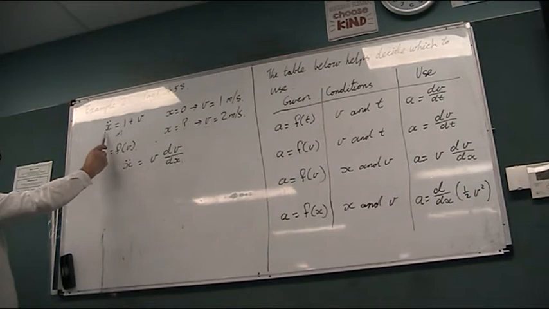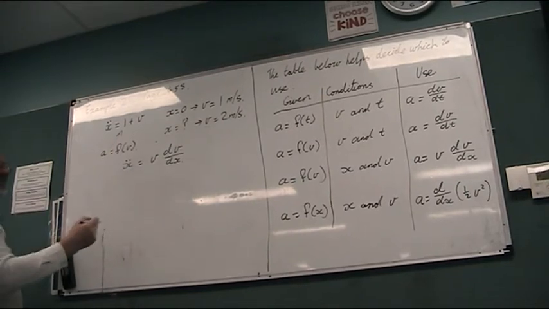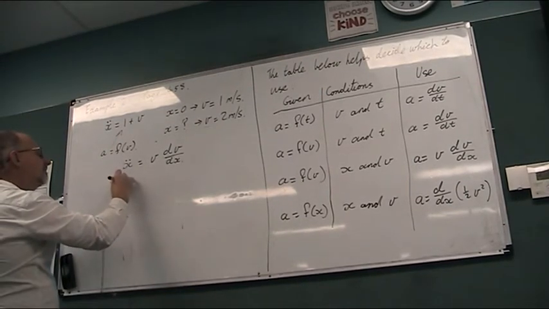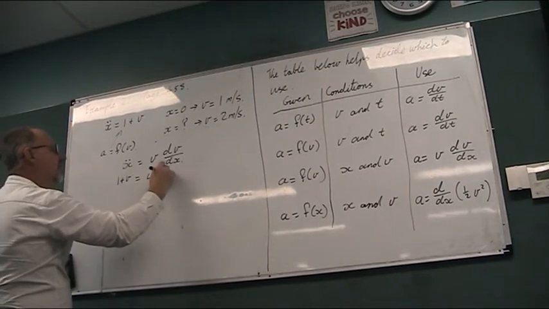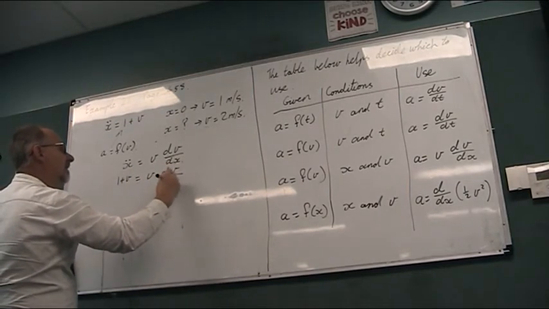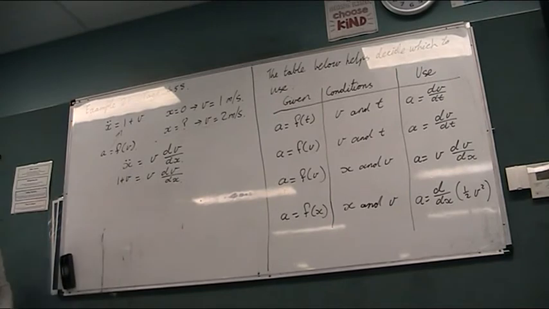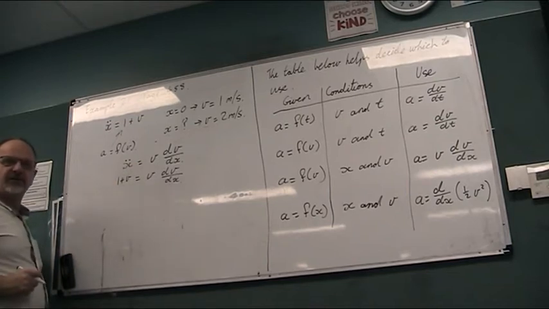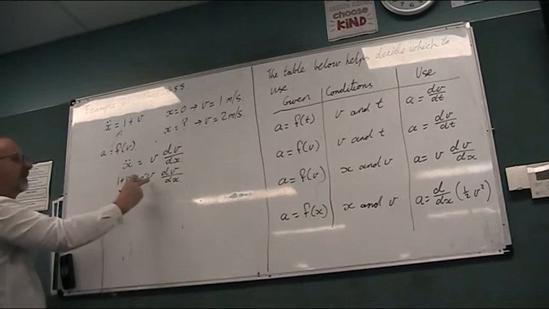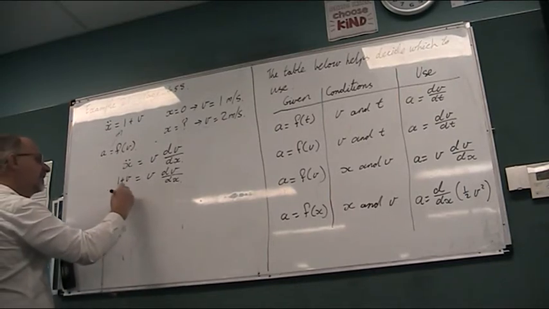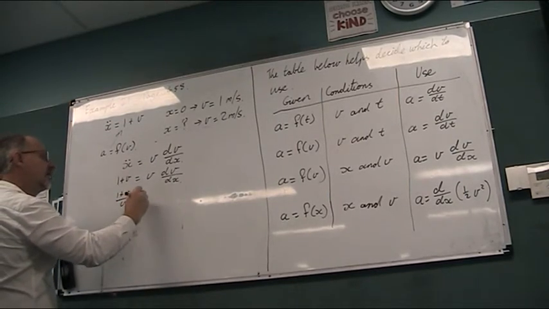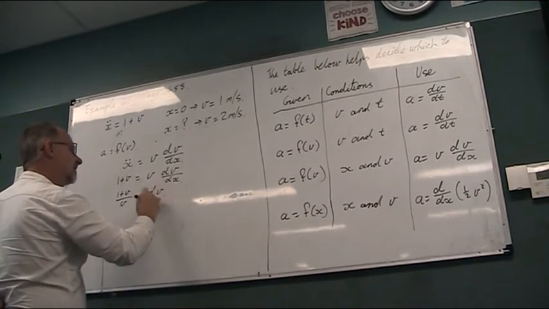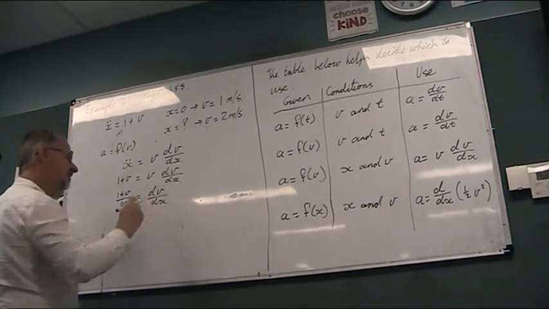We've got that our acceleration is 1 plus v, so 1 plus v then is equal to v times dv/dx. We need to get the dv/dx by itself, don't we? Yes, so divide by v, so (1 plus v) on v is dv/dx.